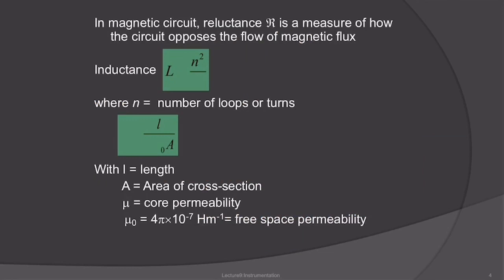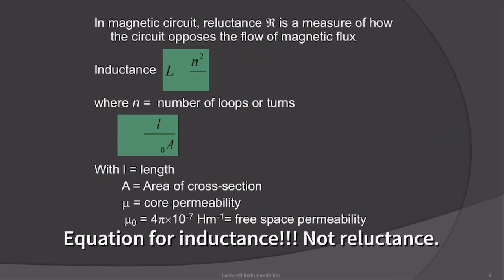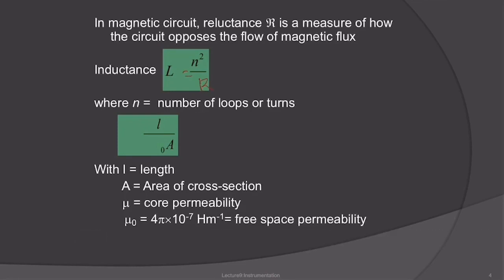Reluctance is used to calculate inductance, where the equation is L equal to N squared over reluctance, where N is number of loops. Reluctance can be calculated using this equation, where it depends on length l, mu, and mu naught multiplied with A. A is the area of cross-section, mu is core permeability, and mu naught is free space permeability.